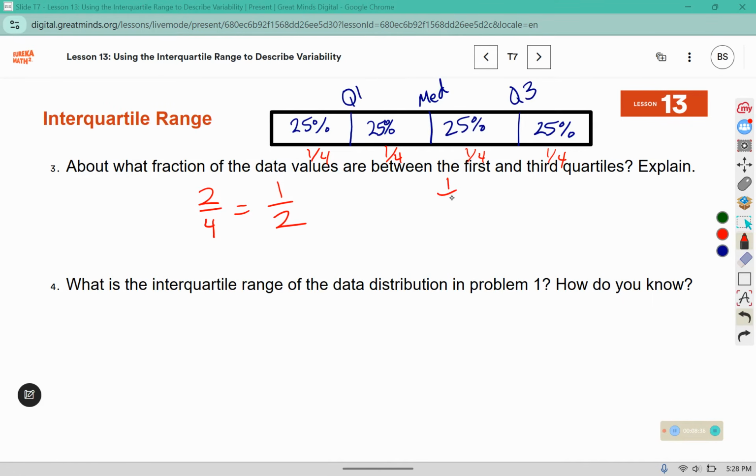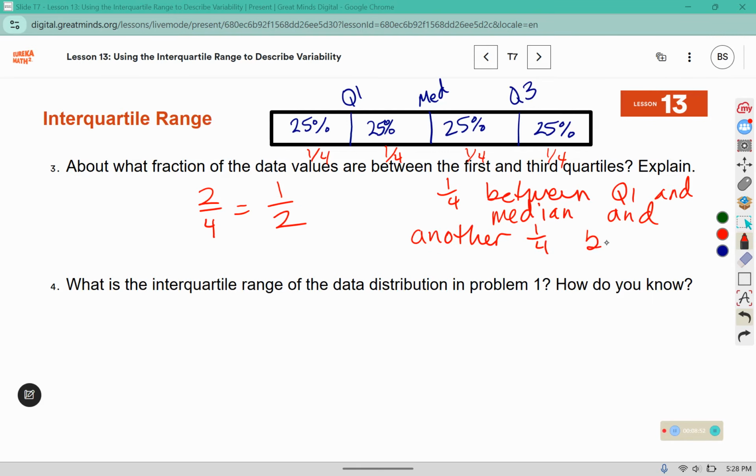It is 1/4 between Q1 and the median and another 1/4 between the median and Q3.